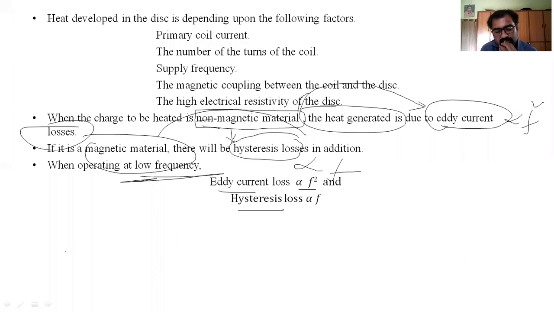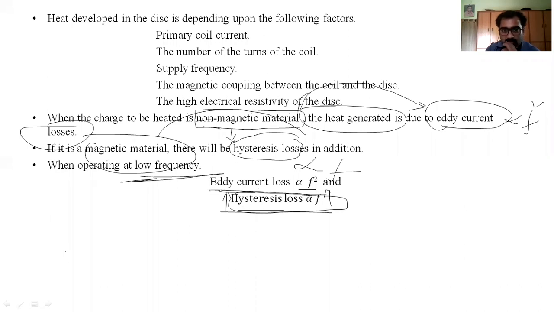Because this occurs due to the high temperatures attained by the charge at high frequencies. From the equation you can easily understand, because it always depends upon the frequency. The higher the frequency, the higher the hysteresis loss, and due to that the material is going to get damaged. So it cannot withstand the high temperatures.